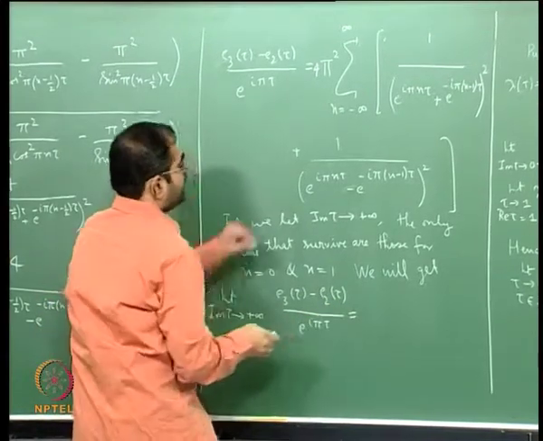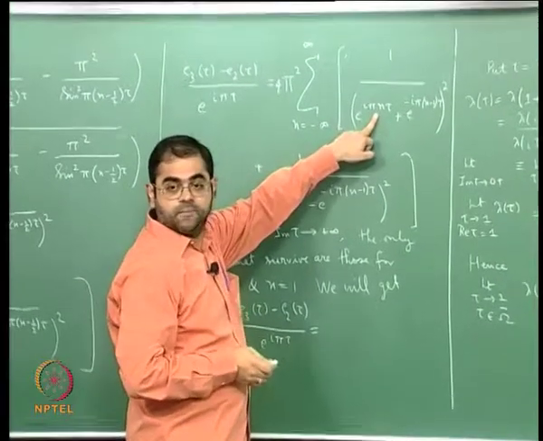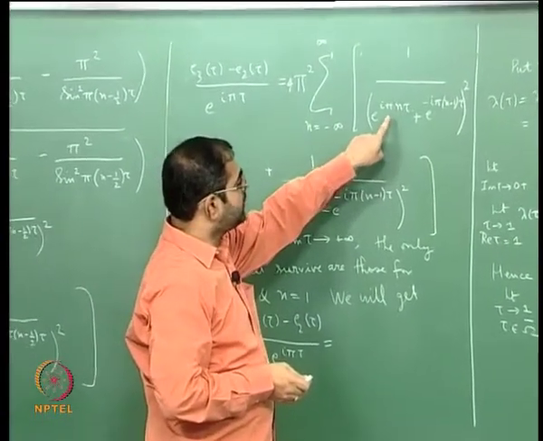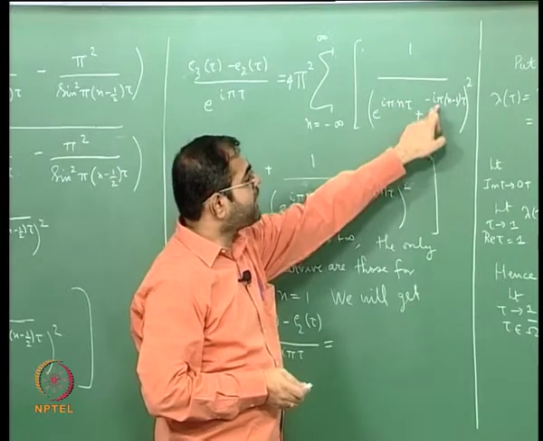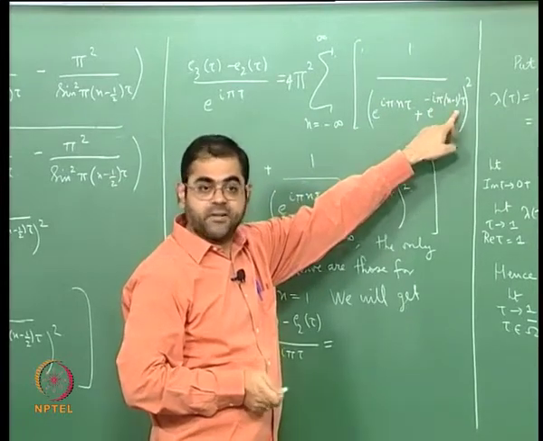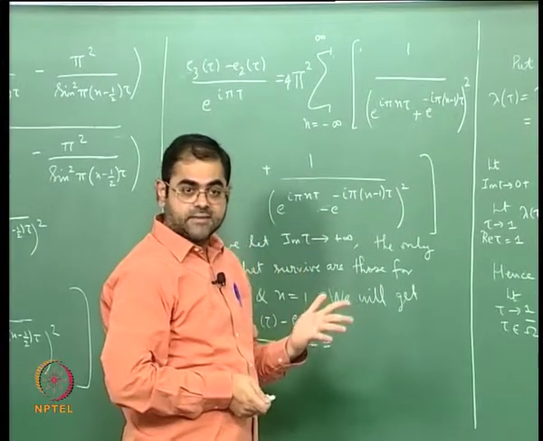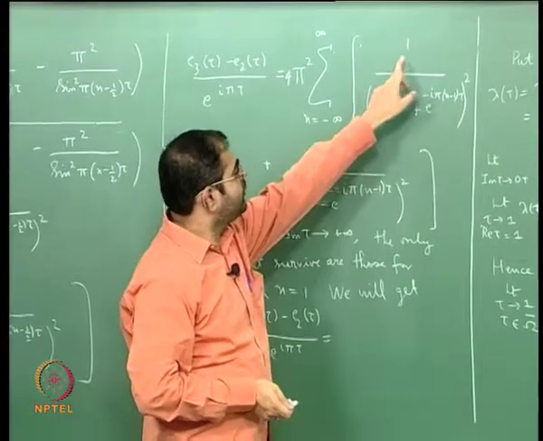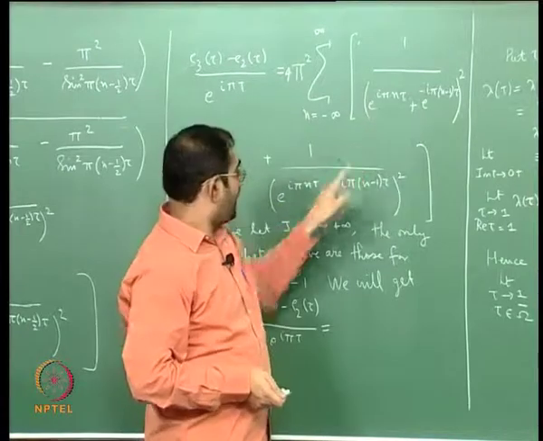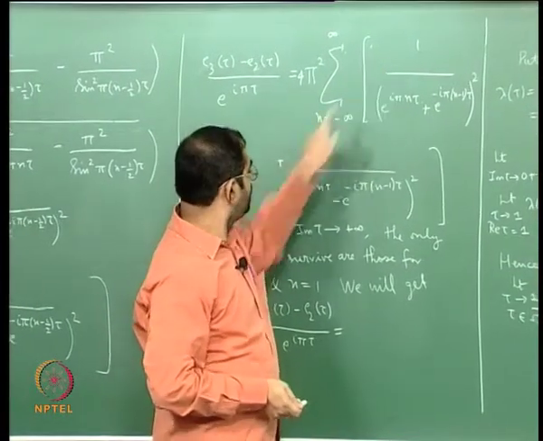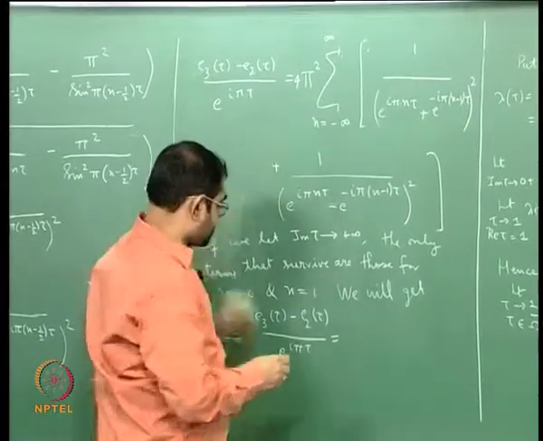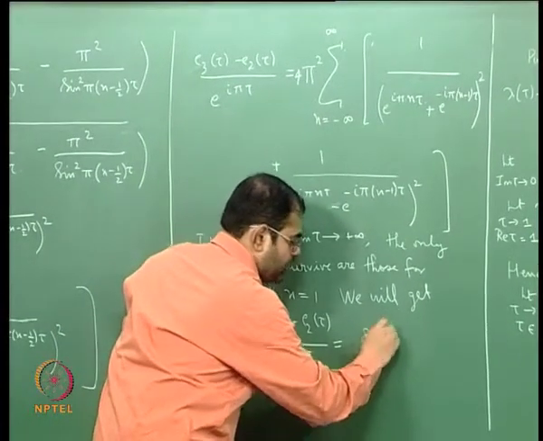What you will get is, if I put n equal to 0, this will become 1, and then I will get e power I pi tau, and e power I pi tau is going to go to 0 as the imaginary part of tau goes to infinity. So essentially I am going to get 1, and similarly for this also, when I put n equal to 0 I will get 1. So I will get 2 into 4 pi squared, which is 8 pi squared, alright.